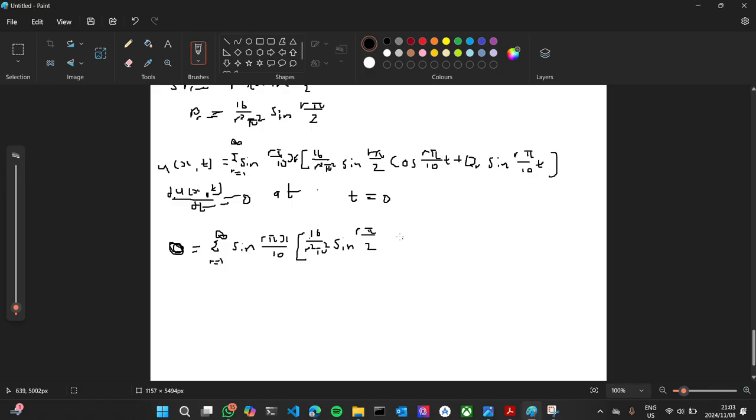Then that's differentiated, so it's going to become minus 10. No, when you differentiate, it stays exactly as is. r pi over 10 sine r pi t over 10. Okay, and that's now added with q of r.